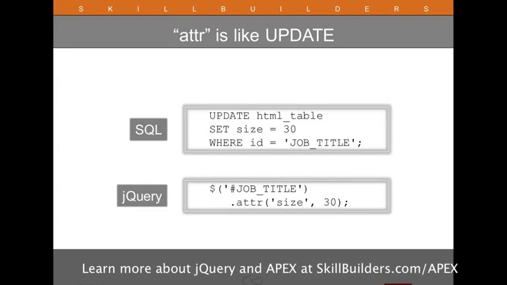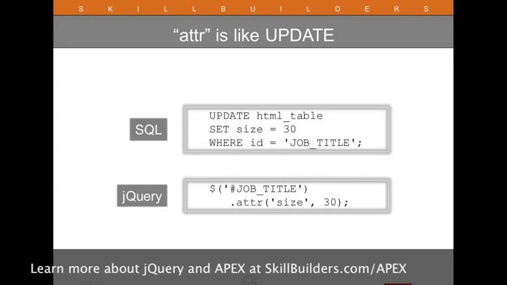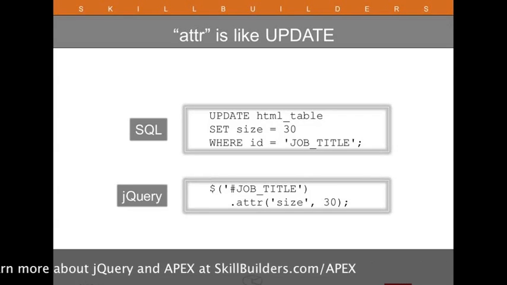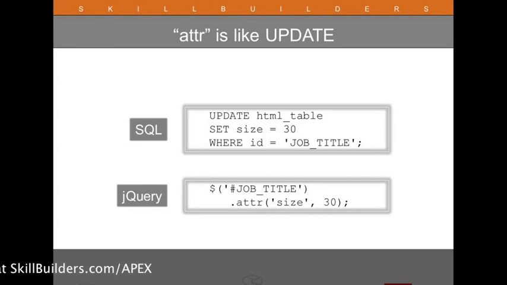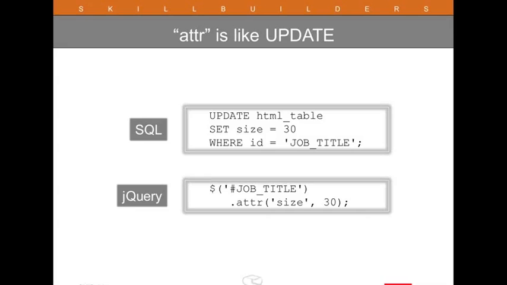Let's take a closer look at attribute. Attribute, in addition to retrieving values, can also be used to update them. It's a lot like an update statement or the set clause in an update statement. Here we're doing an update in SQL to the HTML table, setting the size attribute for a particular row.